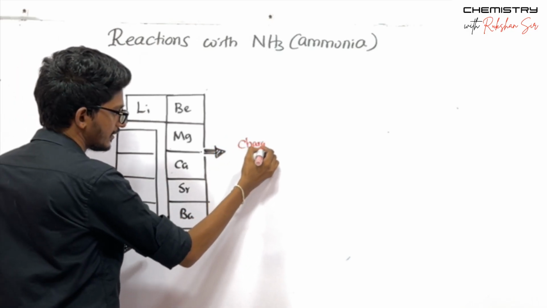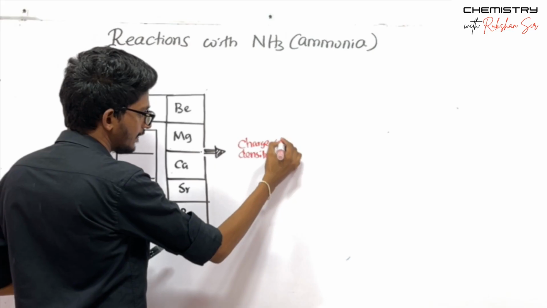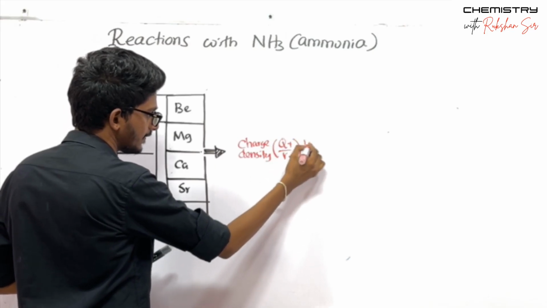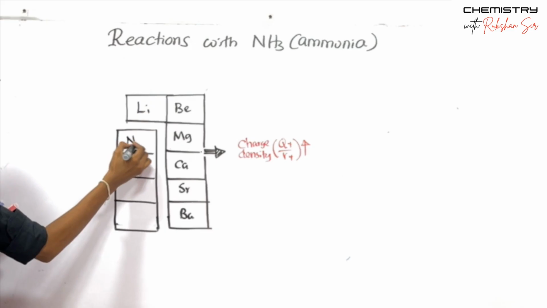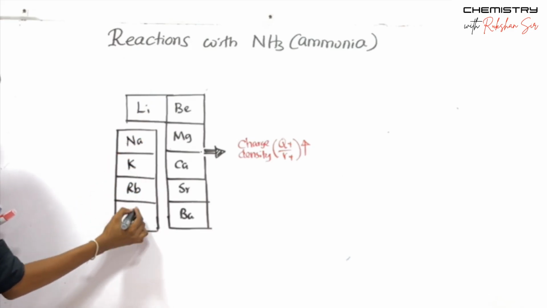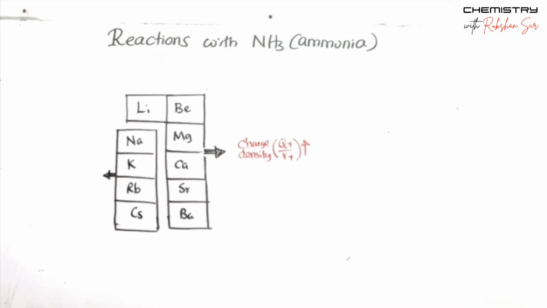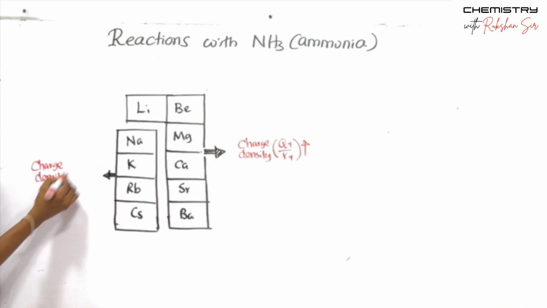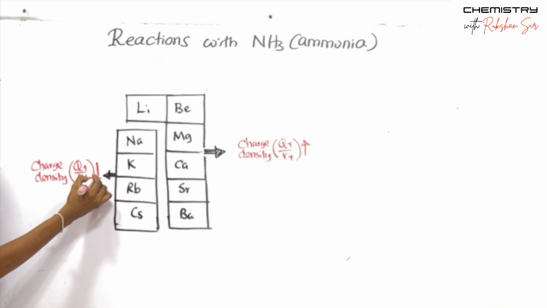So for these, charge density is high; Q plus over R plus is high. And the next section, sodium, potassium, rubidium, and cesium, are the metals with cations with low charge density. So charge density is low, Q plus over R plus is low.